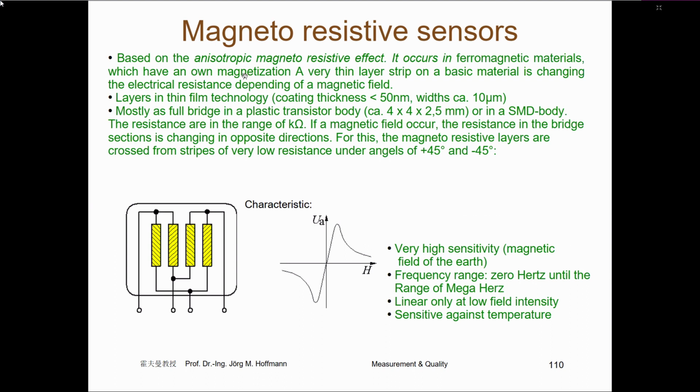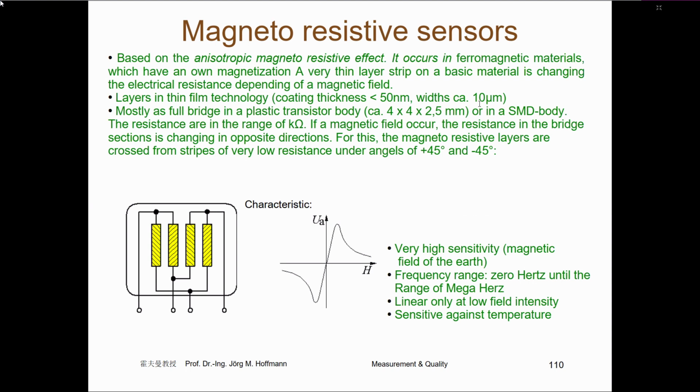And we have a little bit of a different effect, the so-called anisotropic magnetoresistive effect. That means these stripes are extremely thin. We have a coating thickness of less than 50 nanometer and a width of roughly 10 micrometer.